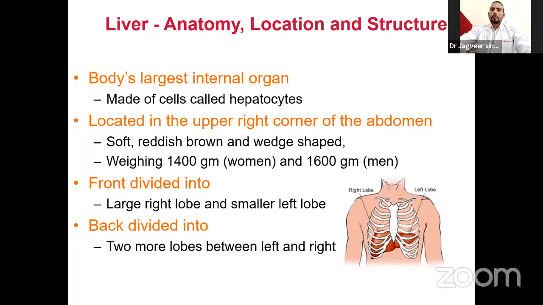The weight in women is around 1400 grams, and in men 1600 grams, slightly higher than in women. It is divided into the right lobe and left lobe by the ligamentum teres, and similarly it is also divided on the back side between the right and left lobe. Can we go to the next slide?